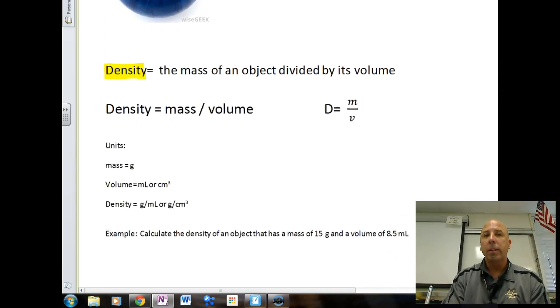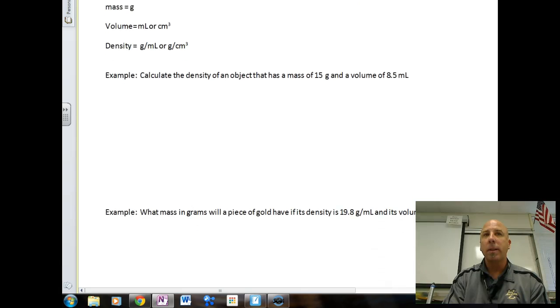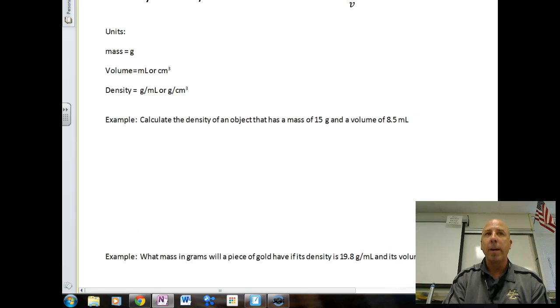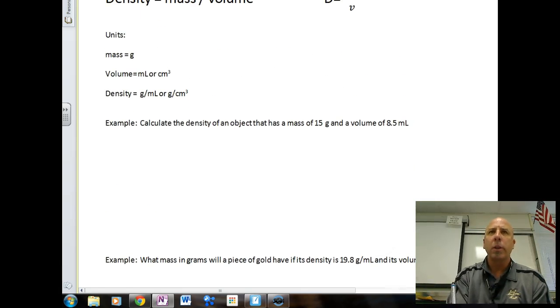So let's take a look at a sample problem involving density and see how we can attack it. Actually, before we do that, let's take a look at the units that we need to associate with density. So we have 3 units that are going to be associated with density. We've already talked about 2 of these 3 units. The unit for mass that we'll most often use is going to be grams. The unit for volume we most often will use is milliliters, but we may also use centimeters cubed, depending.